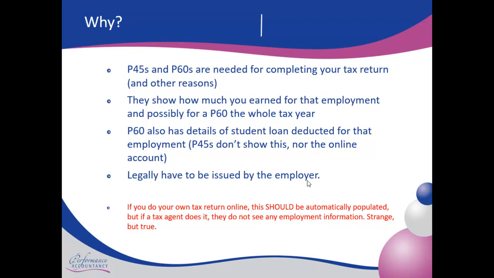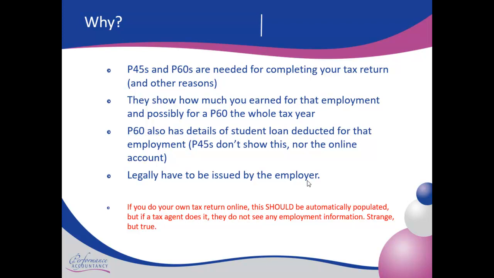It shows how much income you've earned in that employment in that tax year. A P45 is if you have left employment in the tax year, and a P60 is the end of year summary for an employment or for all employments in the year.